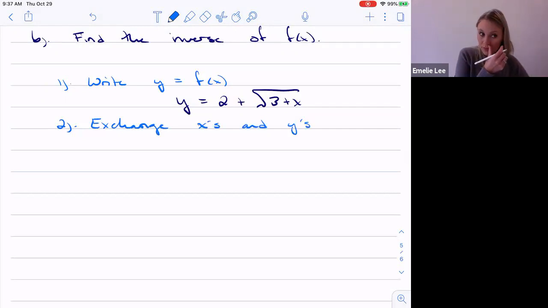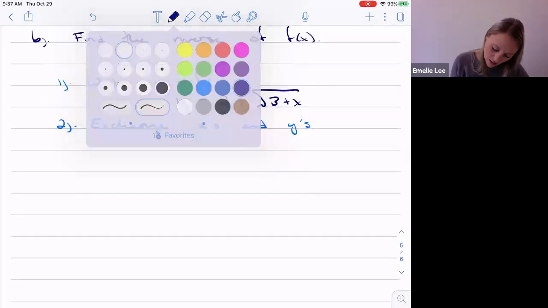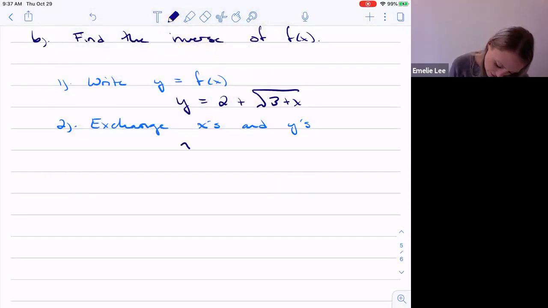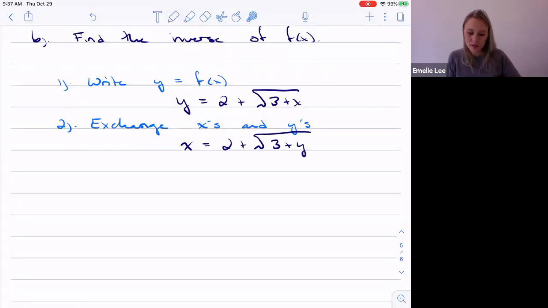So in our case, I'm going to write x equals 2 plus the root of 3 plus y. In this case, there is only one x and one y. There could definitely be, just like we saw earlier, more than one x, which means you would have more than one y. Arguably, this function is easier than the one we just did with the fractions, but it's different, so that's why I wanted to do it.